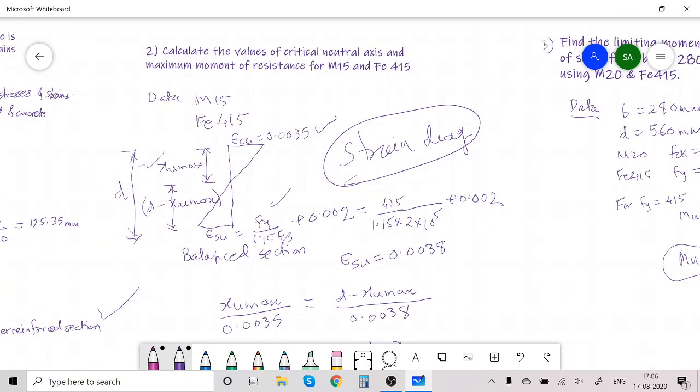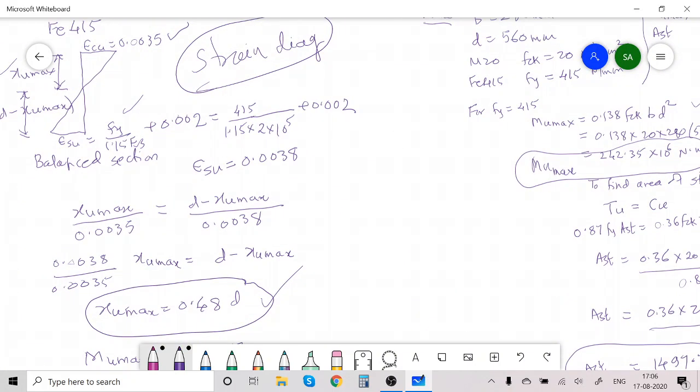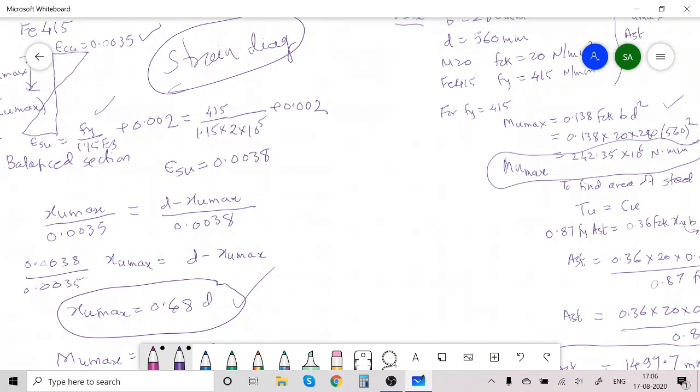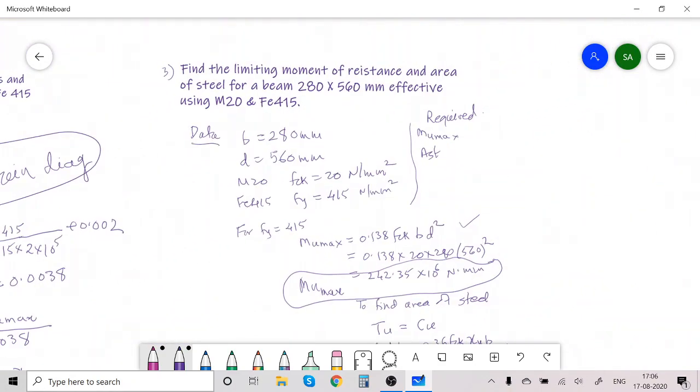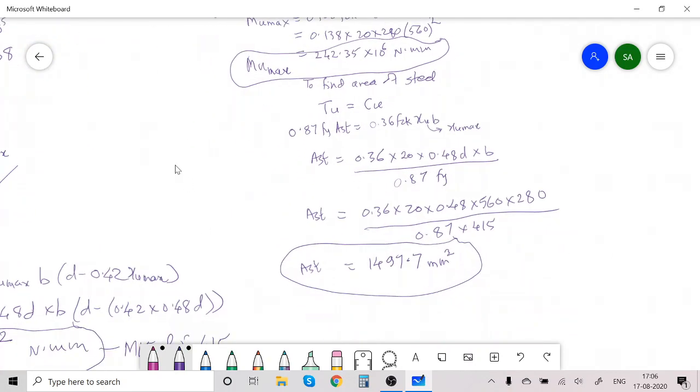In the second problem, we derived the equation for Xu max and Mu max for a particular combination of grade of steel and concrete. And in the third case, we found the value of Mu max with given grade of steel and concrete and size of the beam. We also found the area of steel required for a balanced section. Thank you.